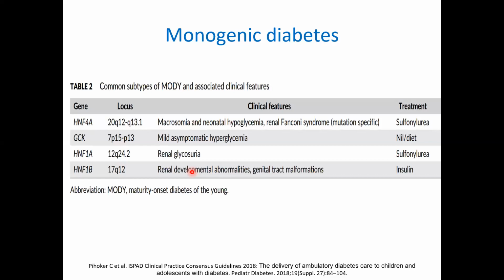Until proved otherwise by a pediatric endocrinologist. So if you have doubts about the diagnosis of type 1 diabetes, start the patient on insulin therapy and refer them to a pediatric endocrinologist who will investigate further to establish whether it is a different type of diabetes, and then they will initiate the other treatment if necessary.